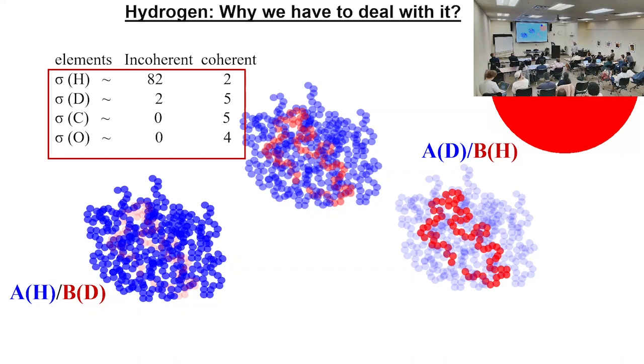And that means you are looking at single particle dynamics of those hydrogens. If you are not interested in single particle dynamics, but you want to study the pair correlation function, then you will have to substitute that hydrogen with deuterium. And now you can see that most of the signal will be coherent scattering from oxygen, deuterium, and carbon. And now you are looking at the pair correlation function.